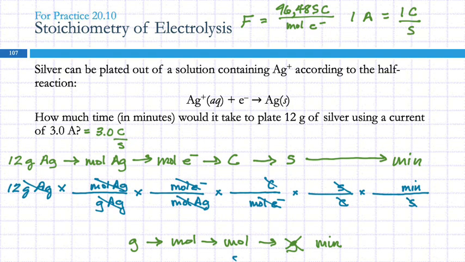The key to the problem is figuring out this path. Once you do that, all you have to do is follow the path. There's very little thinking involved. You just follow this and write it out. See, the units here are the same as the units in the numerator. Grams of silver, moles of electrons, coulombs, seconds, minutes. That's the path we figured out.